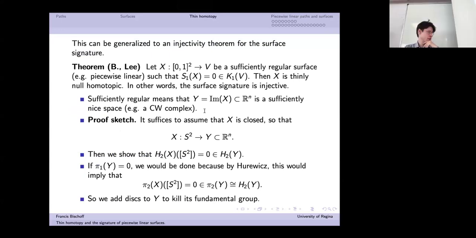So if I have a general surface and I embed it into Rn, and then I take something in pi2 of that surface, and then I take its signature, or I take it up to thin homotopy, it will only see its image in H2. But it sort of sees the image in H2 of every possible embedded surface. I see.